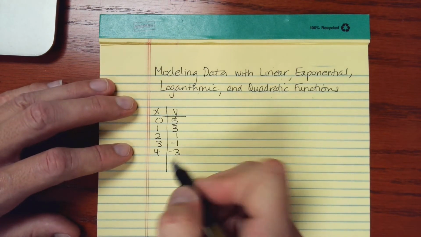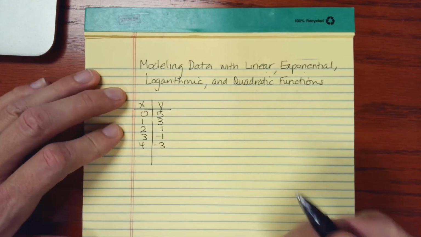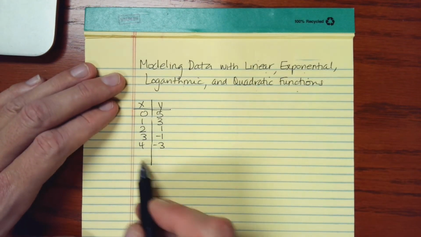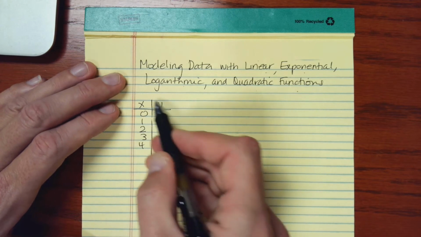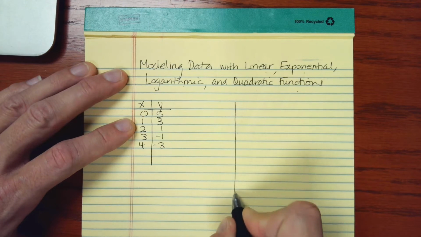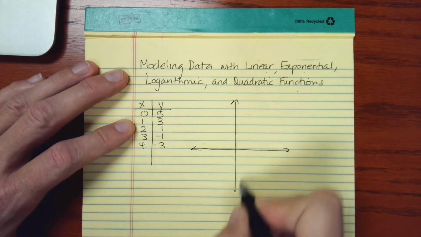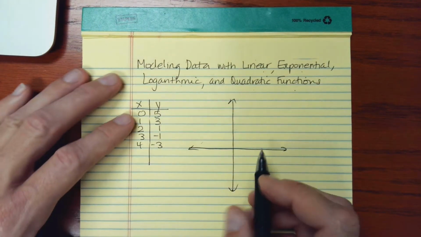So these are some observations where I have an x variable paired with a y variable. So to look at the behavior of these data points, I can plot the points. This is making a scatter plot.